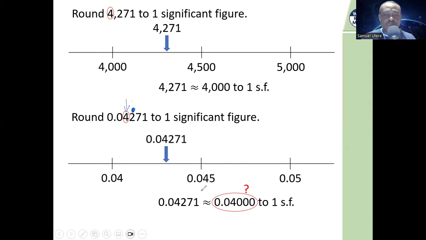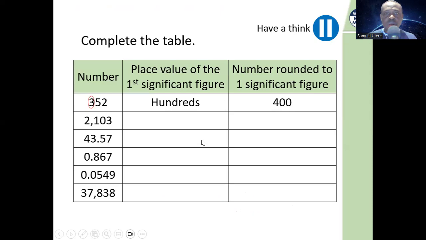I mean, 0.04 is not much different from 0.04000. It doesn't affect the value or place value in any way. So we will just stick to writing it in the correct way, which is to keep our answer as 0.04 to 1 SF.